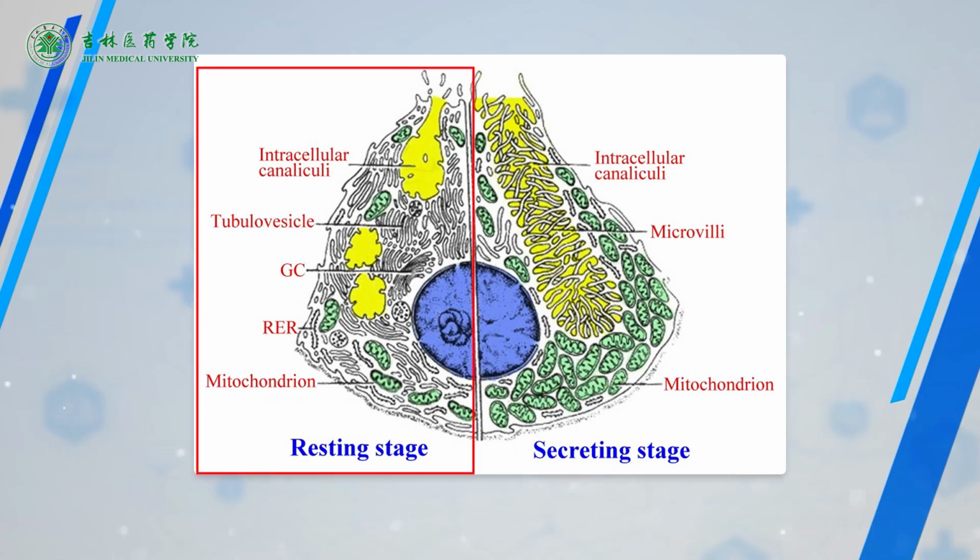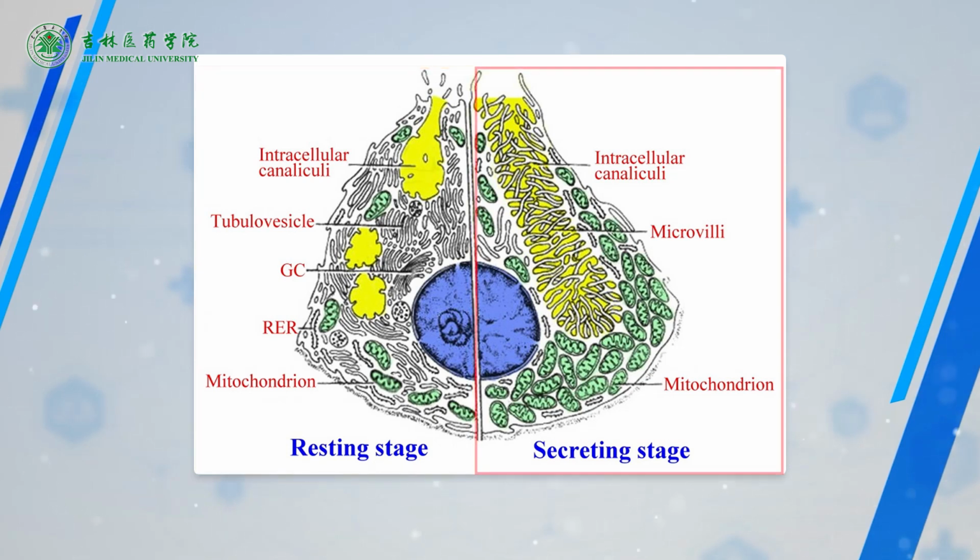In the resting state, the cell has more tubular vesicles, and fewer intracellular canaliculi and mitochondria. In the secreting state, the cell has fewer tubular vesicles, and more intracellular canaliculi and mitochondria.